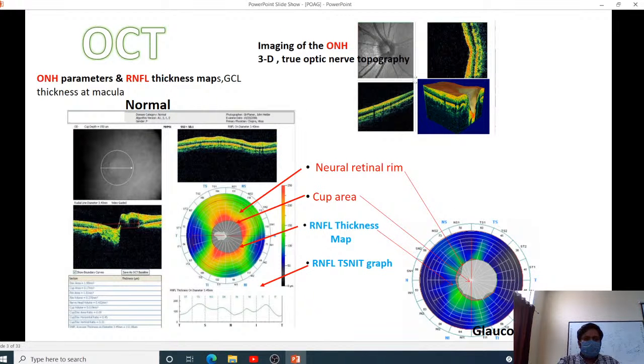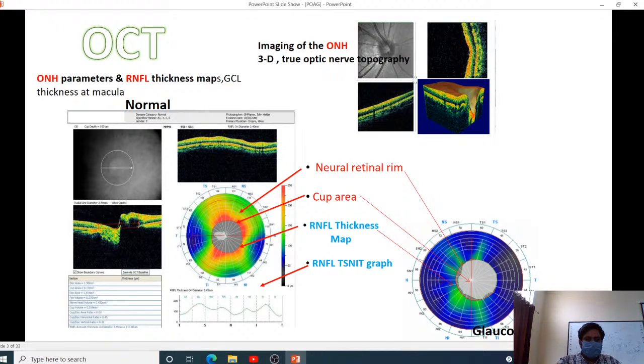A little bit about OCT. OCT is a 3D evaluation of the optic nerve head, that is the optic disc, and it also measures the retinal nerve fiber layer. As I told you, in cases of glaucoma, there is thinning of the retinal nerve fiber layer. So if we do OCT, we get the information about the retinal nerve fiber layer.